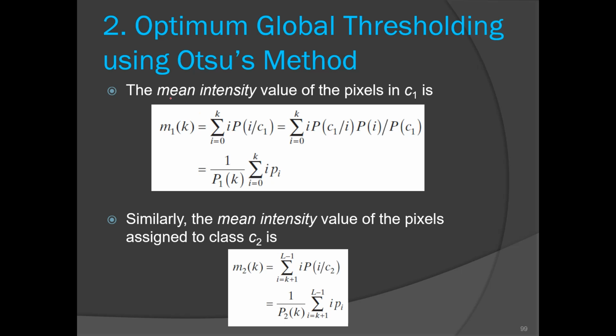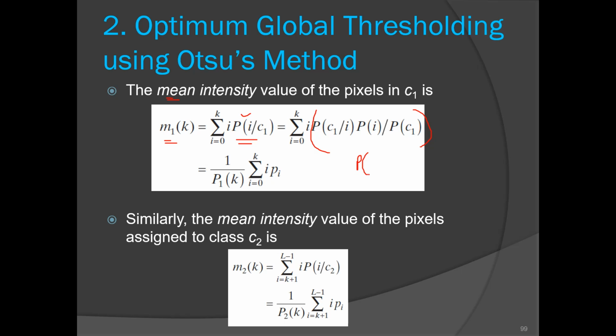Then we are calculating the mean intensity value of class C1 represented by m1(k). See here, i varying from 0 to k, i into the conditional probability, probability of i given class C1. This we have expanded using the Bayes equation.